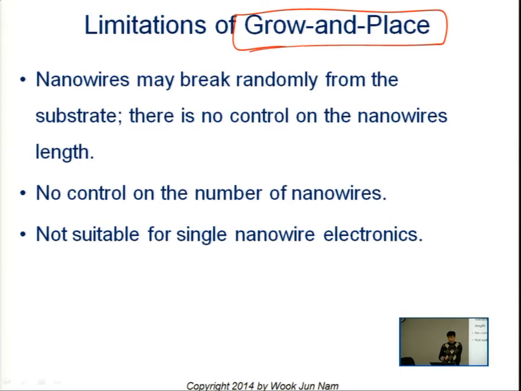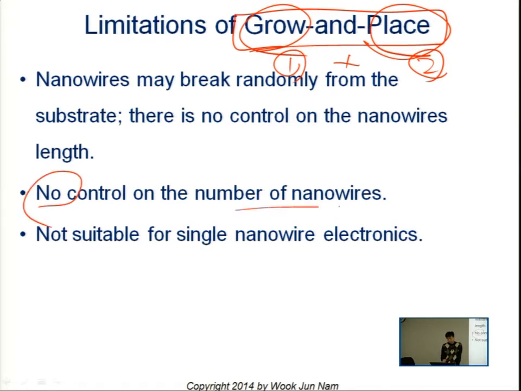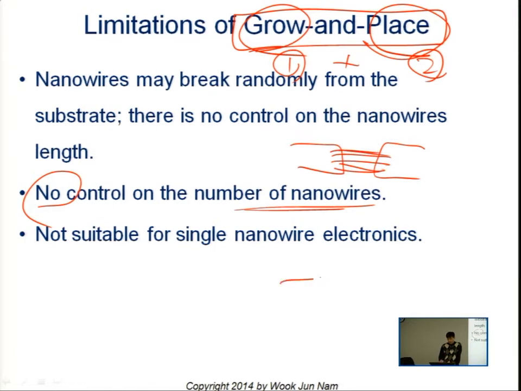I call all of these grow and place, because growing and placing are two different steps. There is no control over the number of wires between the two electrodes, and if we want a structure with one single nanostructure, it is very hard to achieve.